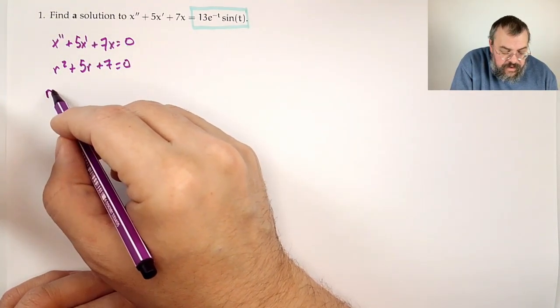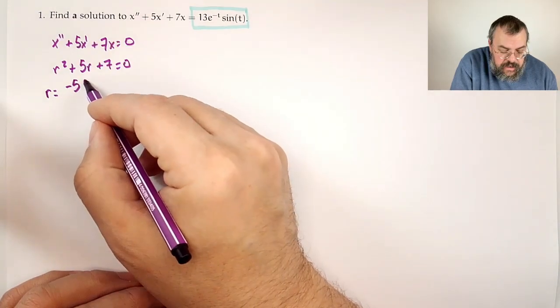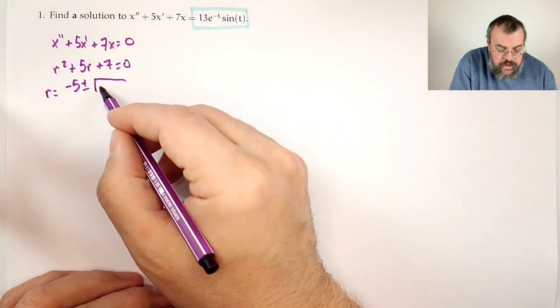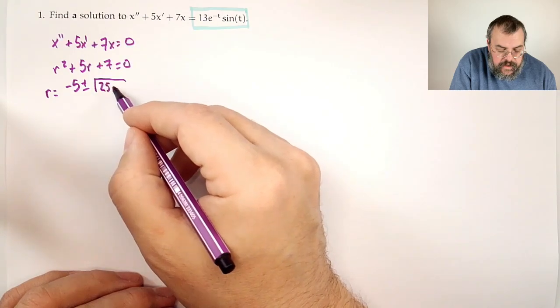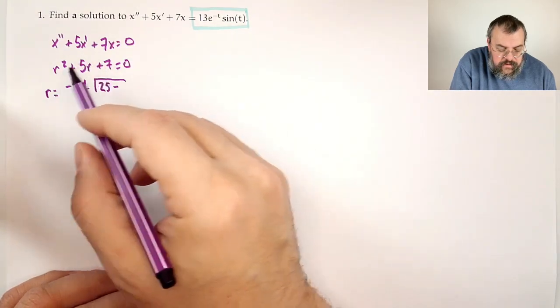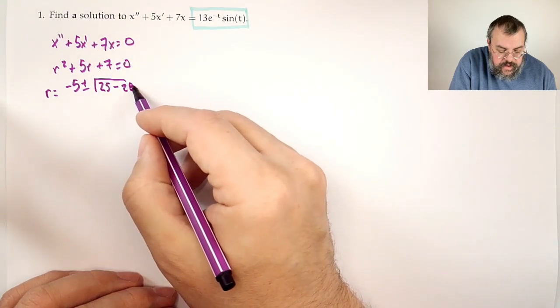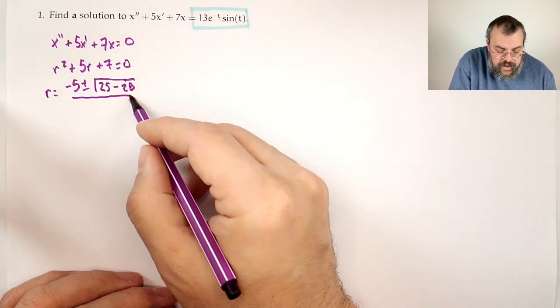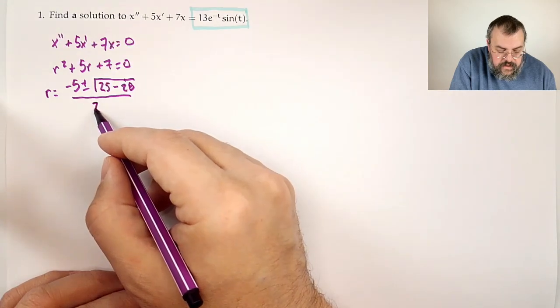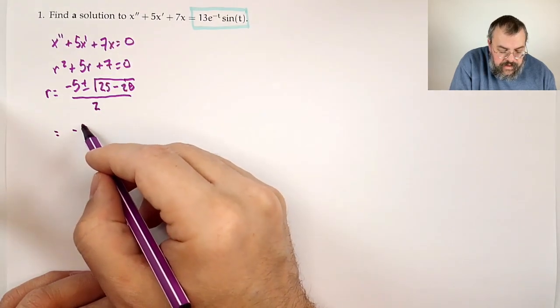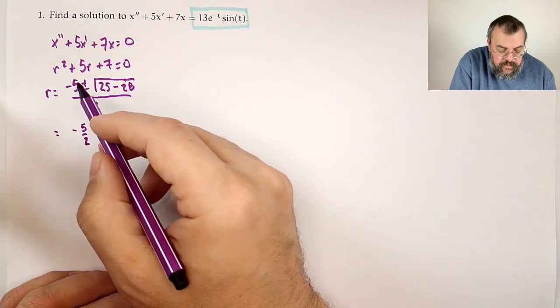And so we say, okay, r equals negative b plus or minus the square root of b squared minus 4ac. So 4 times 1 times 7 is minus 28. All of that over 2. Now that's negative 5 halves, right?